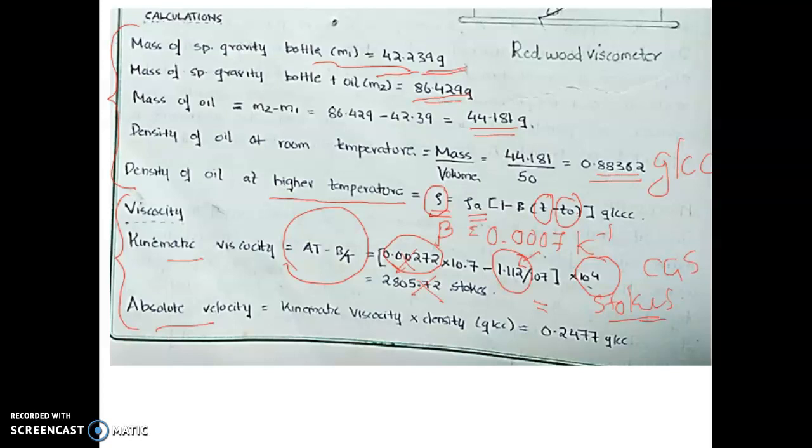Next, we have to find the absolute viscosity. We know that absolute viscosity is equal to kinematic viscosity into density. Here also we are using the density in gram per cc, which is in the CGS system, so we will get the value directly in poise.